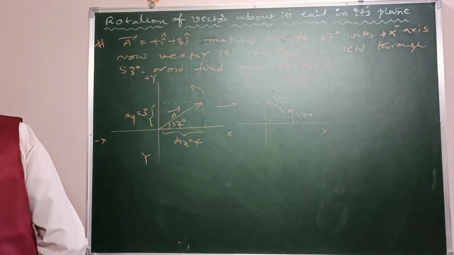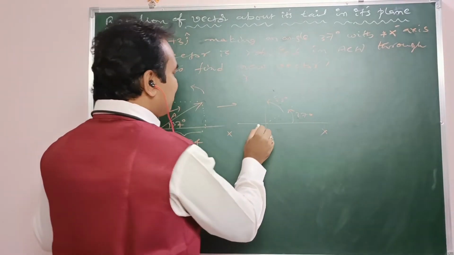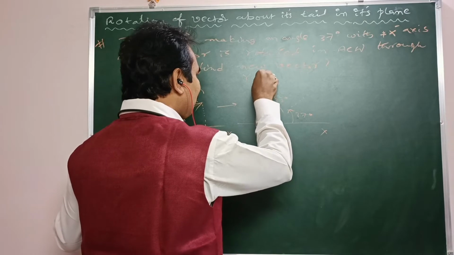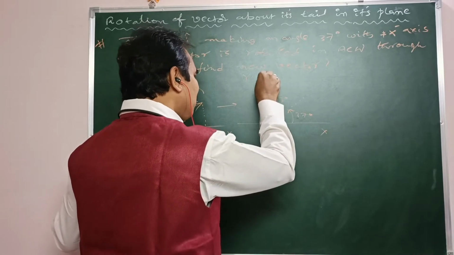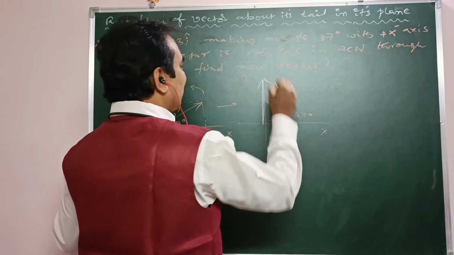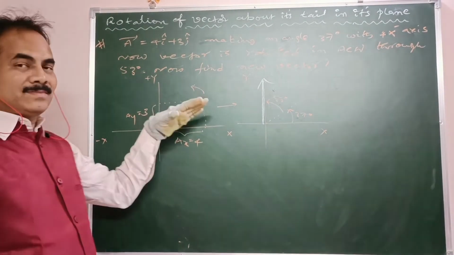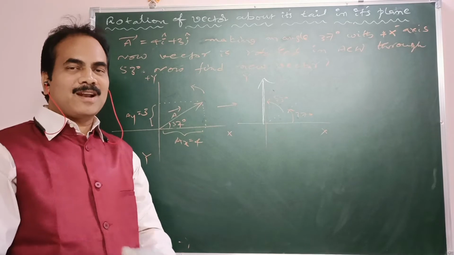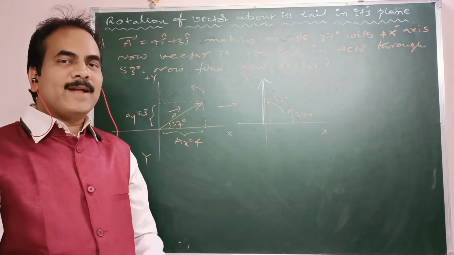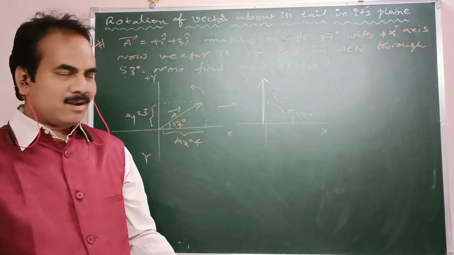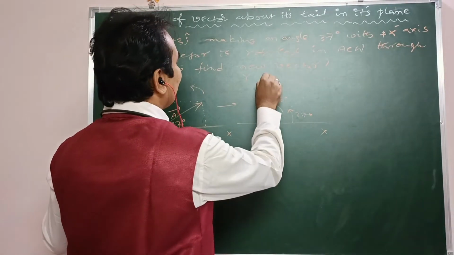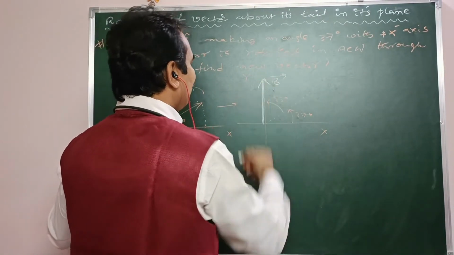Therefore we have the new vector along the positive y-axis line. This is the new vector. Why is it new? Because the direction of that vector has changed. If magnitude changes or direction changes or both change, the vector is said to be changed. So definitely it becomes some b bar, not a bar.